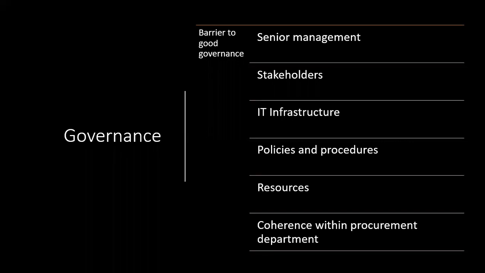And the barriers here tend to be more about the relationship with other stakeholders and within procurement. Like support from senior management can be a barrier, or support from other stakeholders, or the poor IT infrastructure, or ambiguous policies, procedures, and guidance or manuals will be a barrier to good governance in procurement.